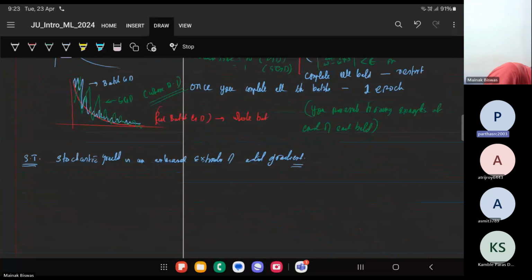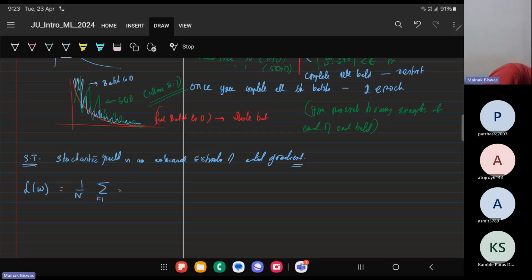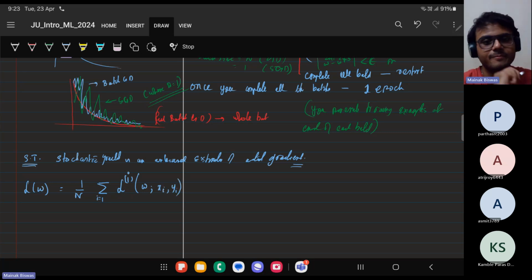Take the expectation over the entire data set of the gradient with respect to a single x_i. Let me write it as we wrote the loss L(w, x_i, y_i). This is what L depends on, right?